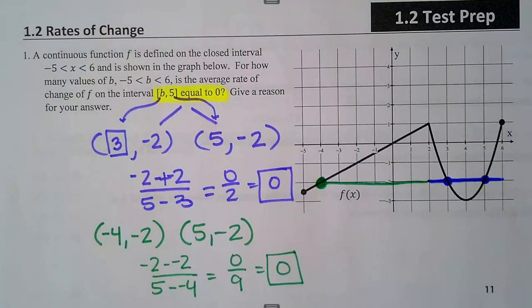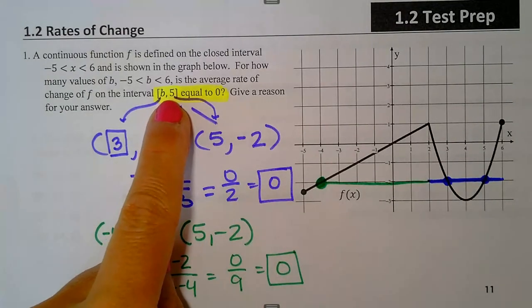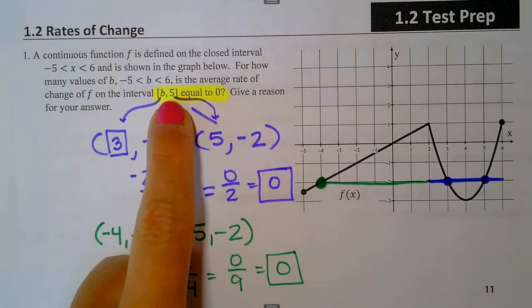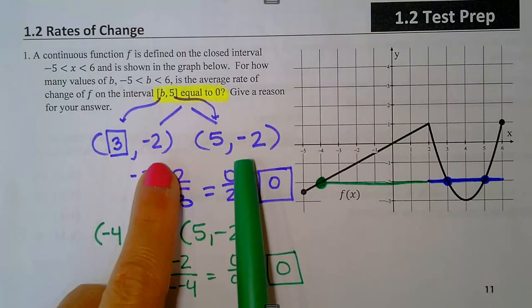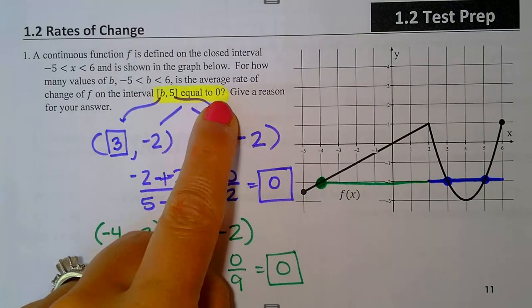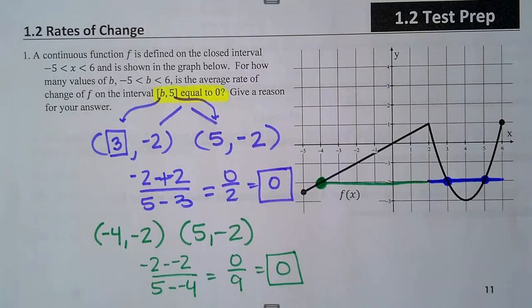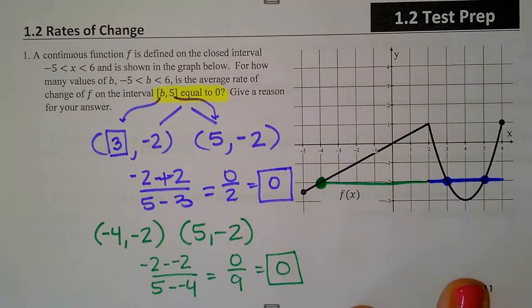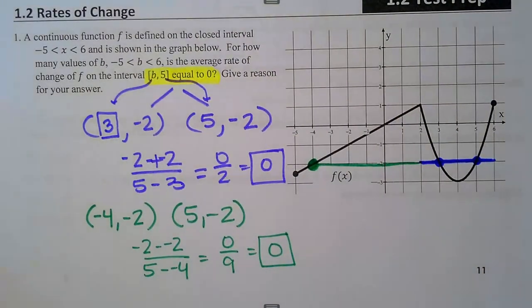So what they did is they took interval notation, which they expect you to know, that those are both x's, and that you can find the rate of change, and then they wanted it to be equal to 0. Isn't that crazy? That is like taking the easy stuff we did in the notes and making it just notch it up. Okay? Are we good? What do I write about the final answer?